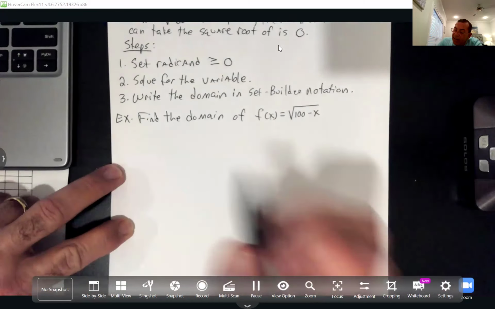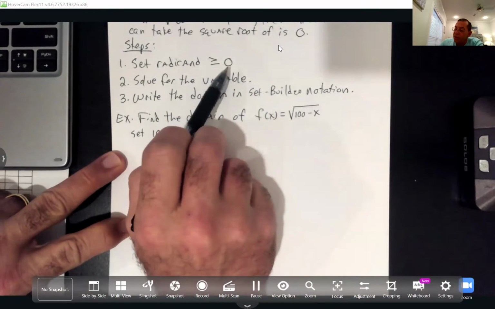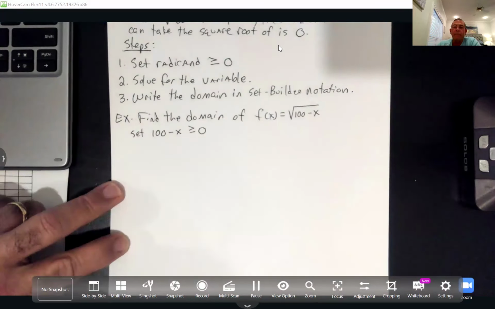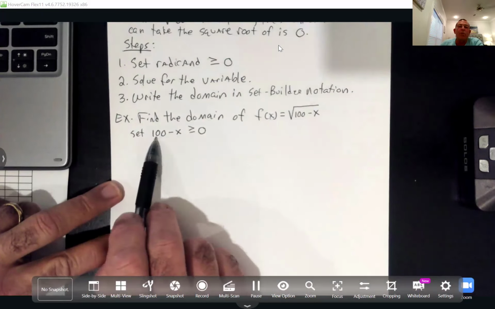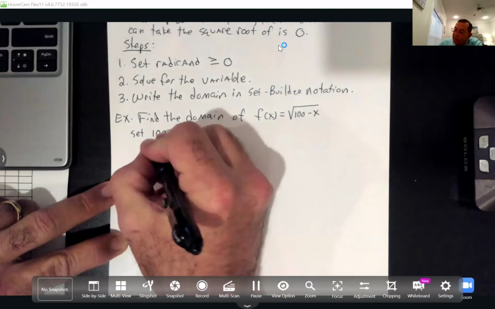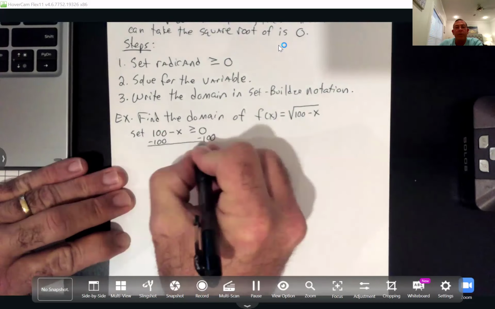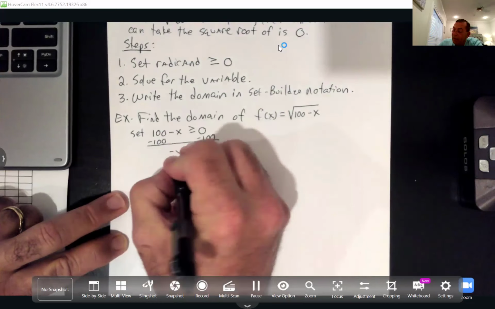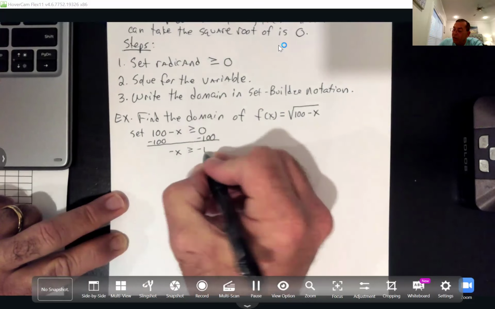So I would take that and set 100 minus x greater than or equal to 0. Now you got to solve it for the x. So the first thing, we need to move the 100 over by subtracting it from both sides. So those 100s cancel out on the left side. I'm left with that negative x greater than or equal to a negative 100.